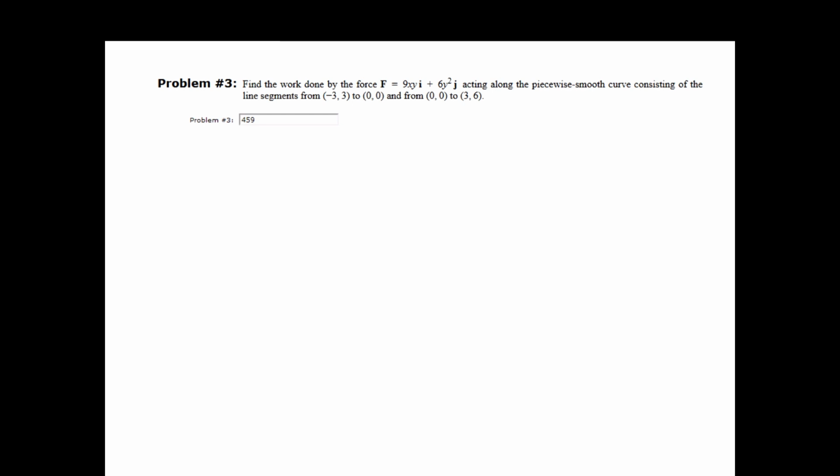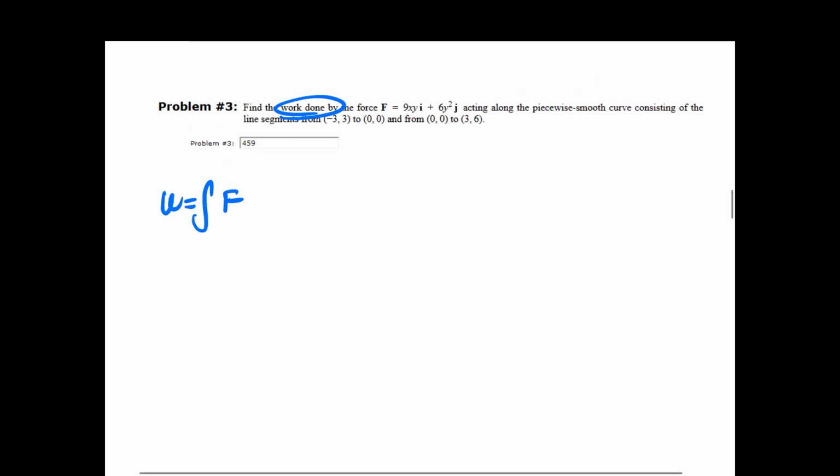So, let's go about doing this. The easiest way to go about this question is to understand that you're asked for the work done. Work equals the integral of force. That's a physics concept that we learned a while back.